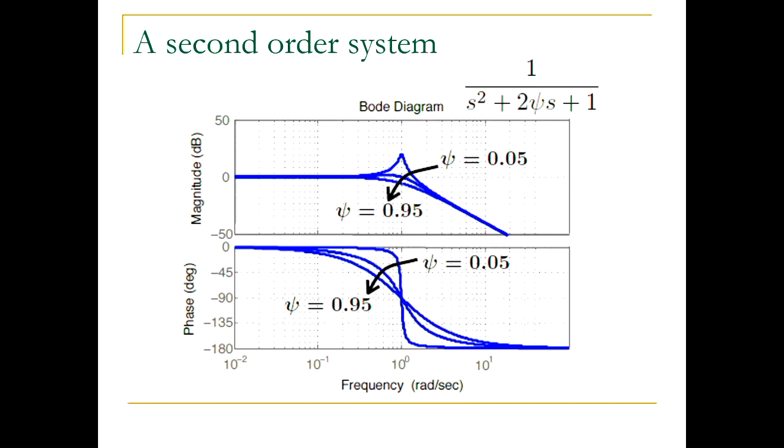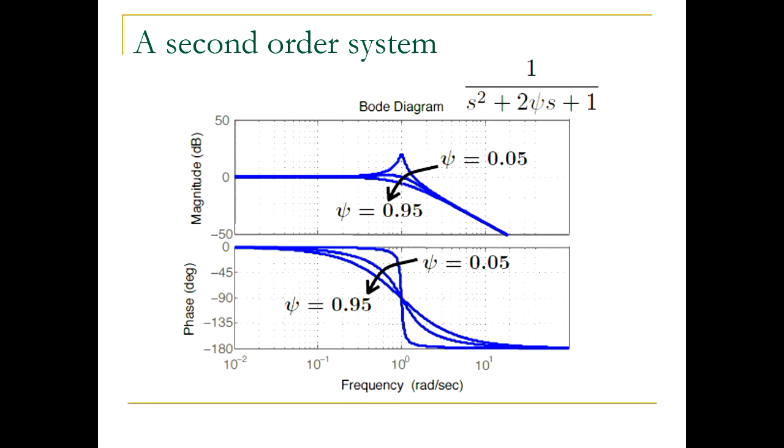So this last term here is like omega n squared, and the thing that multiplies s should be 2 times psi times omega n. So if omega n is 1, I'm plotting everything for omega n equal 1, which means the natural frequency is 1.